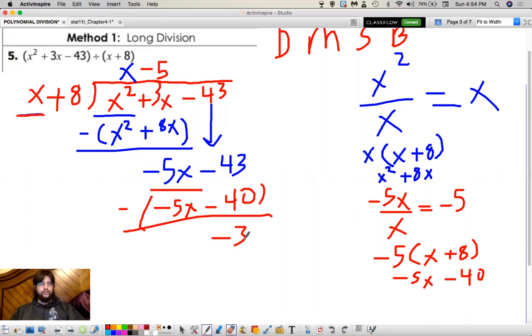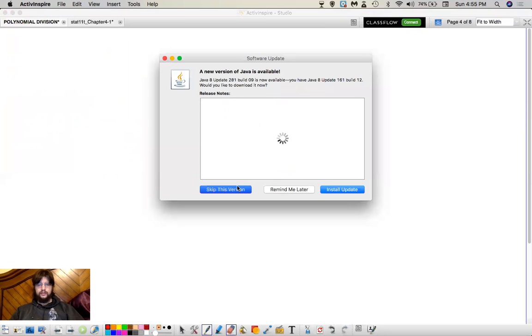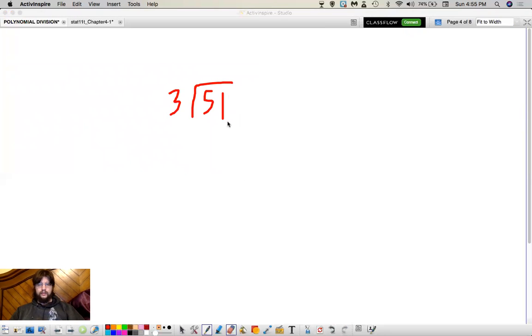So do you remember what we do with remainders? Let's go take a look at a numerical example. Let's do 51. That doesn't have a remainder. Skip. 52, because that has a remainder. So 3 goes into 5.